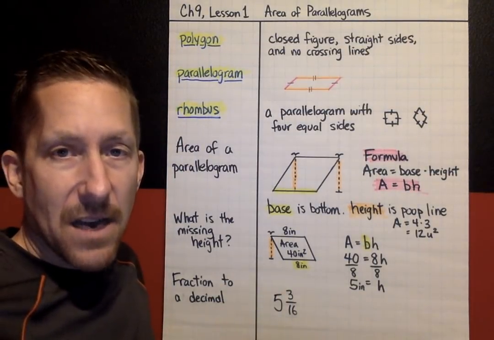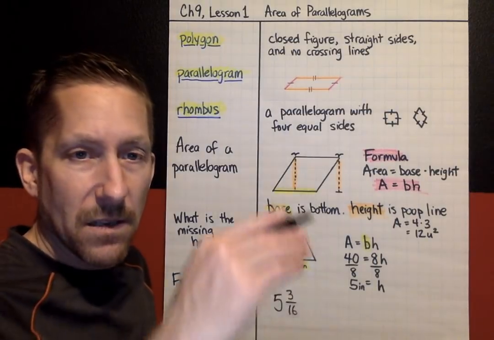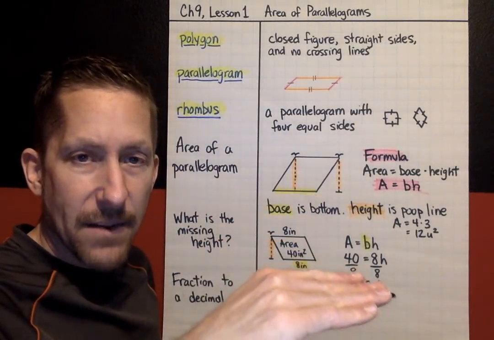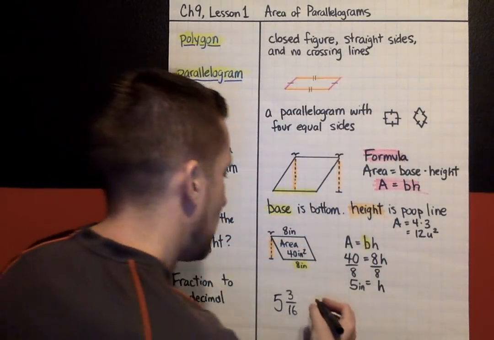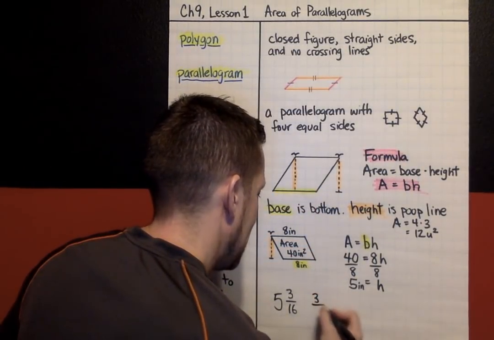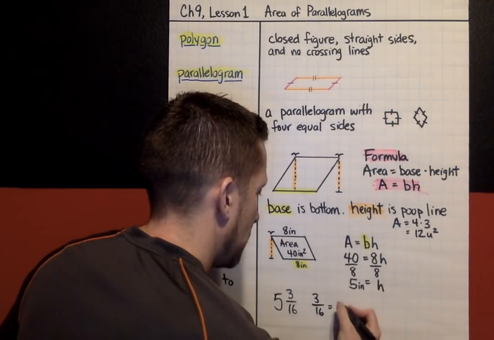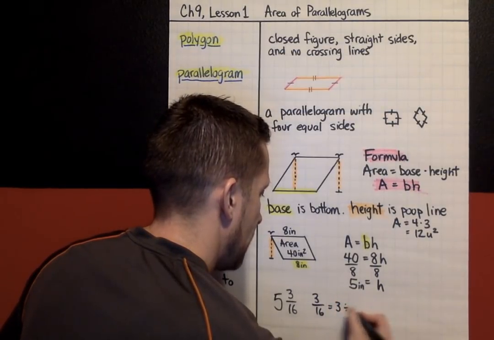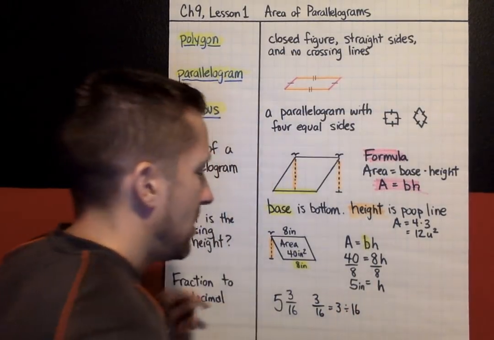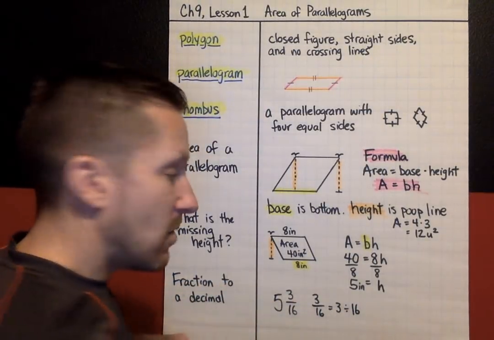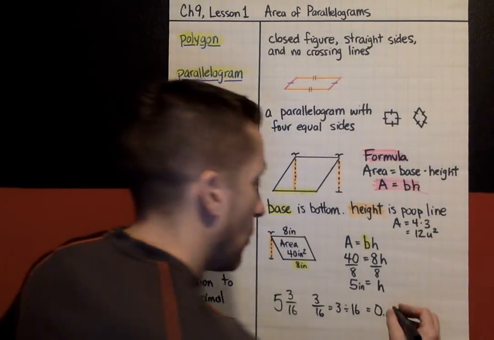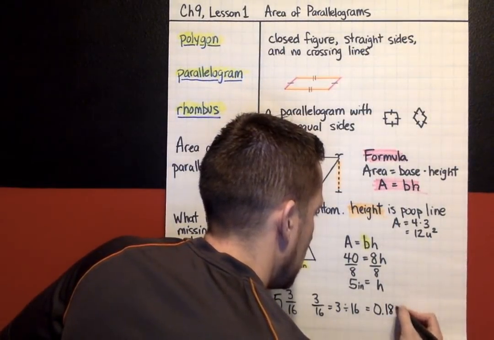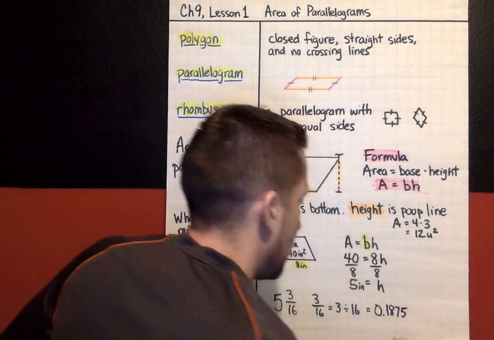Remember, anytime you have a fraction, it is always the numerator divided by the denominator. Top number divided by the bottom number. So 3/16 equals 3 divided by 16. Type that in your calculator, and you are going to get 0.1875.